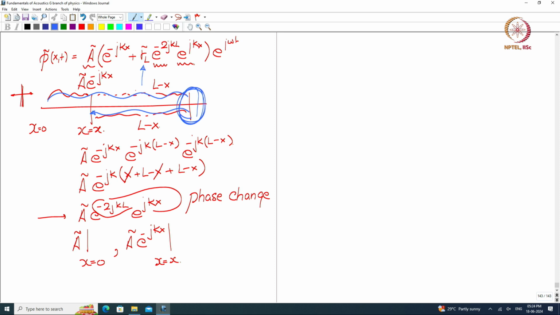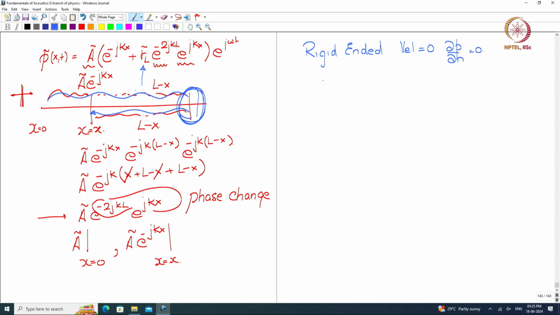Okay. In this case it is a rigid ended pipe, and so velocity is 0, or del P by del n is 0. Okay. So P will be a maximum in that case.